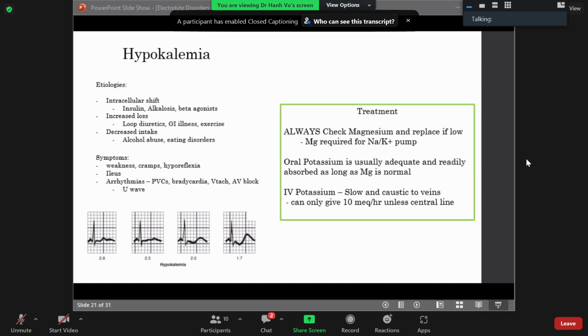Administer up to 10 milliequivalents per hour of potassium chloride through a peripheral line. With a rate larger than 10 per hour, we require central venous access.